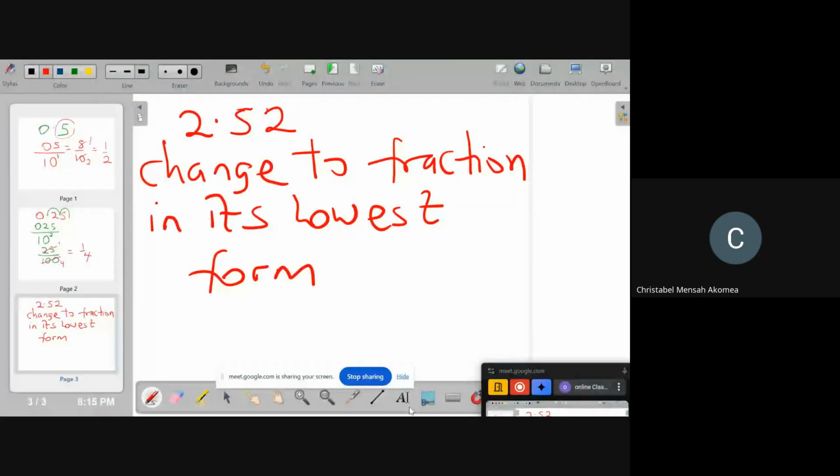Sir, please, the question again. 2.52 to a fraction in its lowest form.